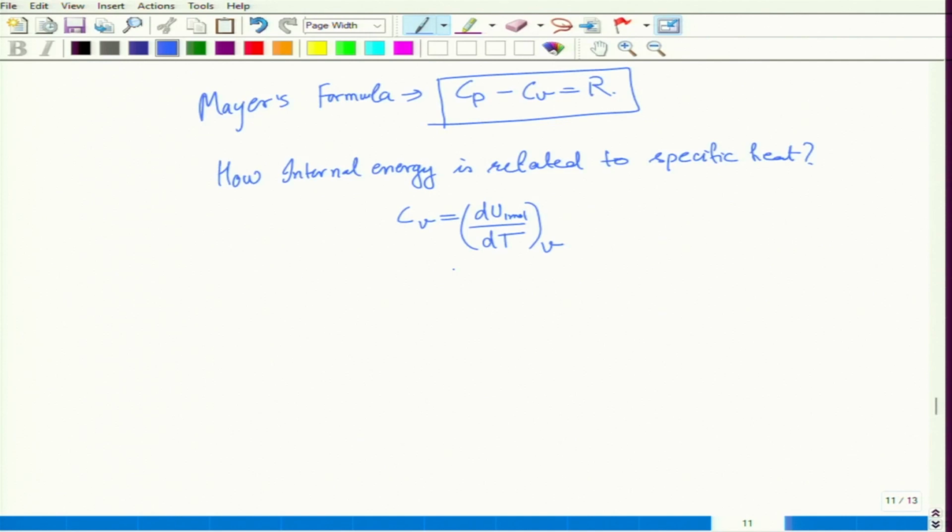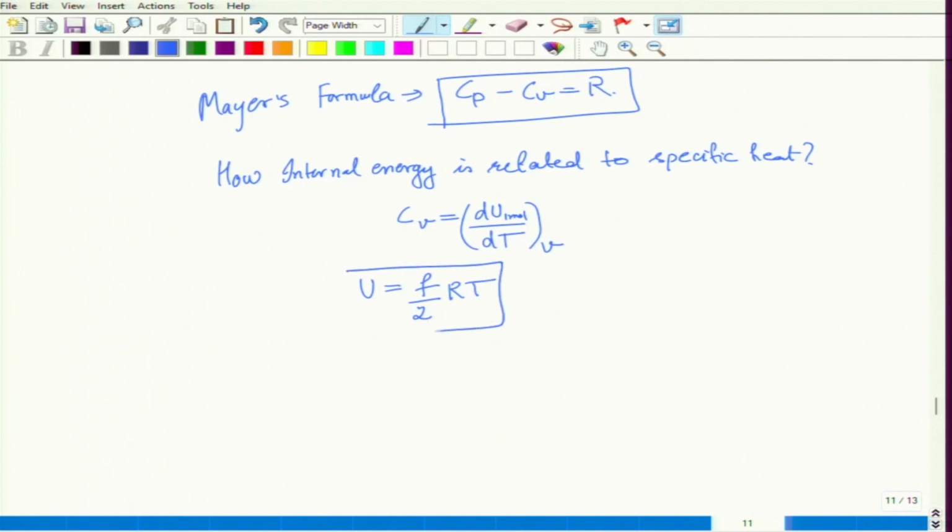In some previous classes we have discussed how internal energy is related to the degree of freedom. So we know that U is nothing but f by 2 RT.